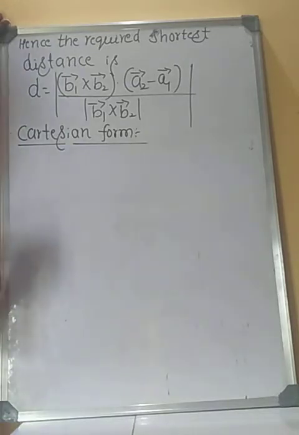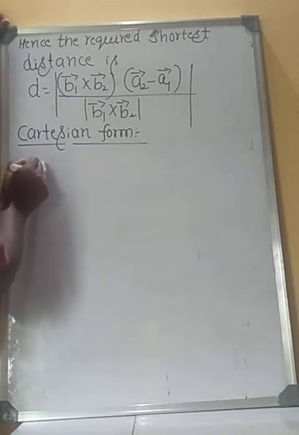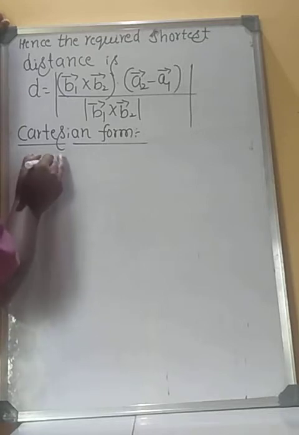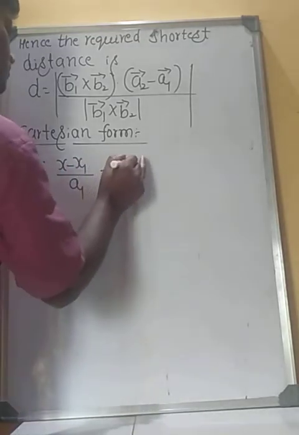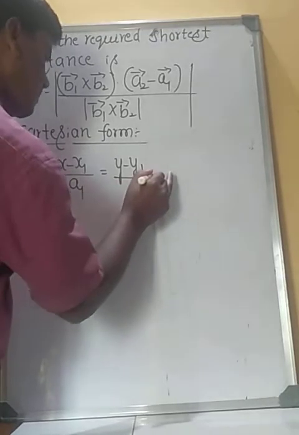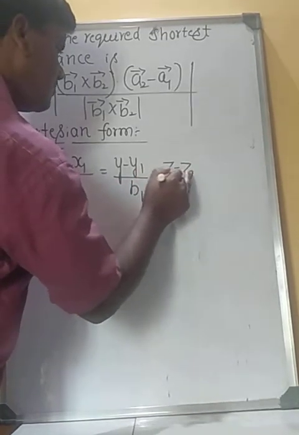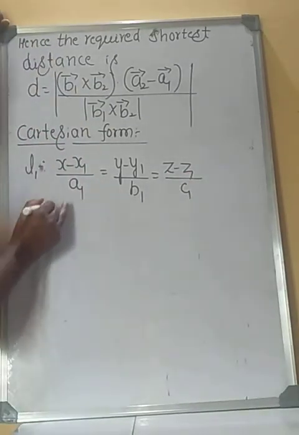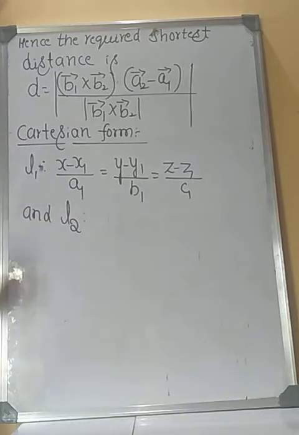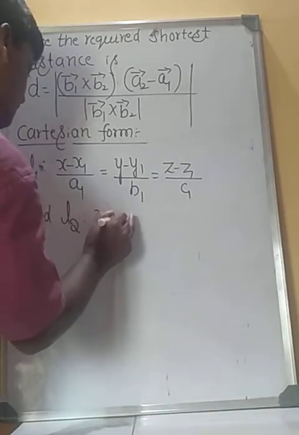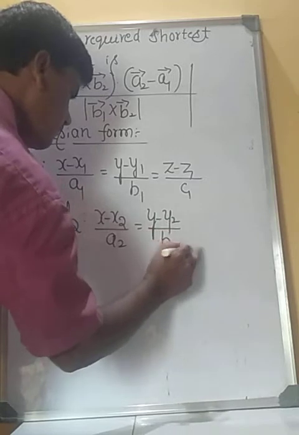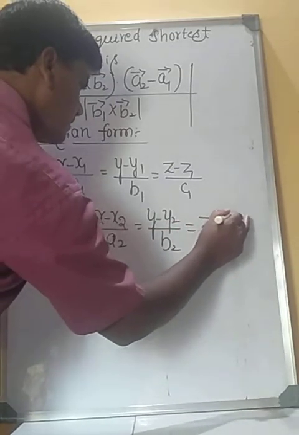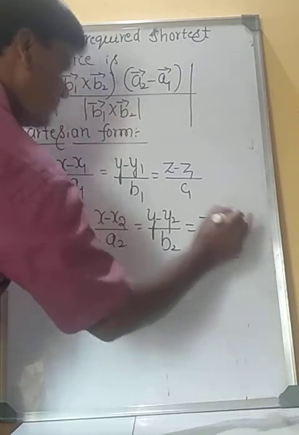In Cartesian form, the lines are L1: x minus x1 by a1 is equal to y minus y1 by b1 is equal to z minus z1 by c1, and L2: x minus x2 by a2 is equal to y minus y2 by b2 is equal to z minus z2 by c2.